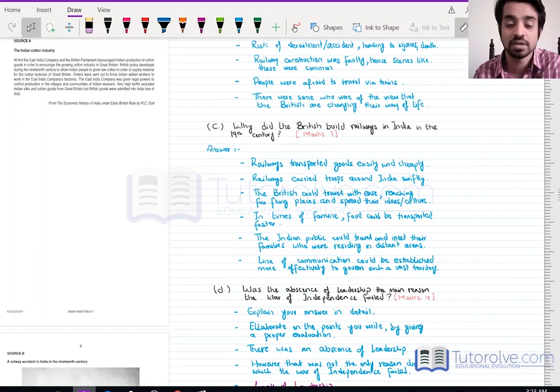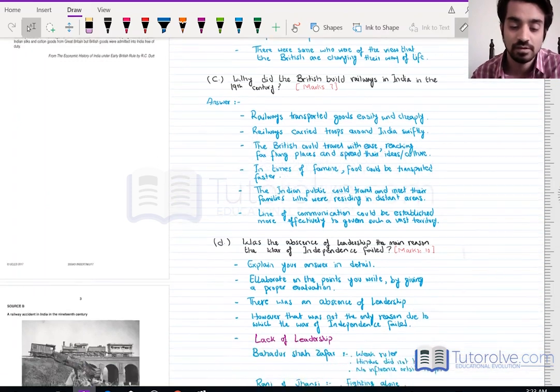The Indian public themselves could travel to areas where their families lived, which were far from their places. So it established a connection between different families from within India, connecting through railways.